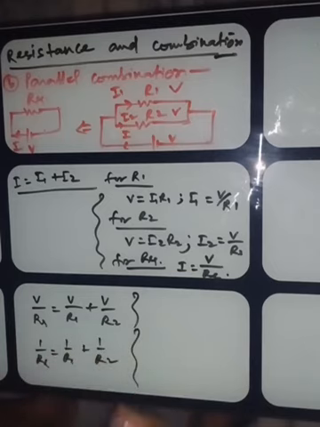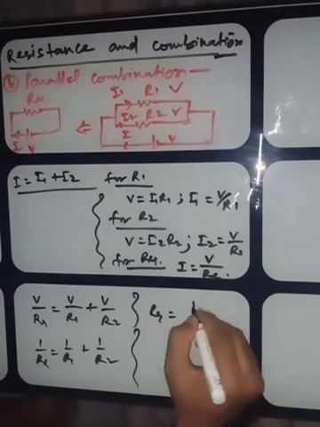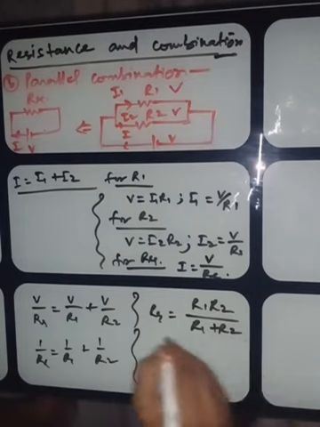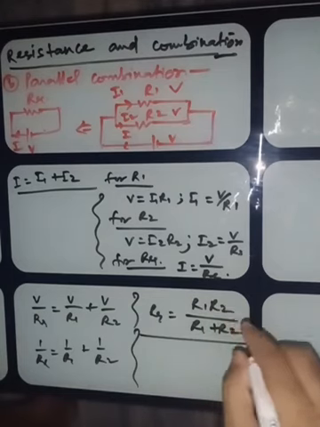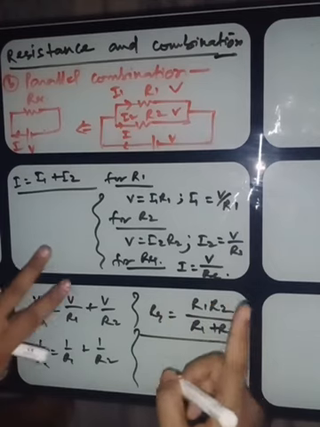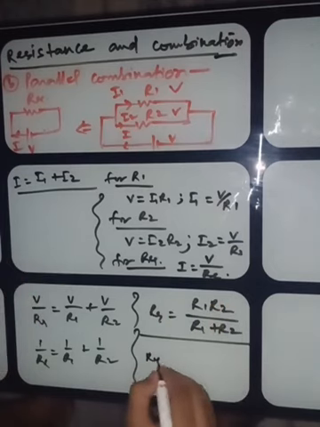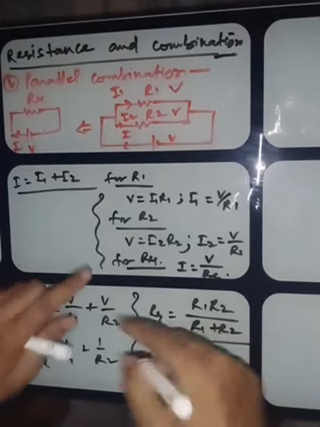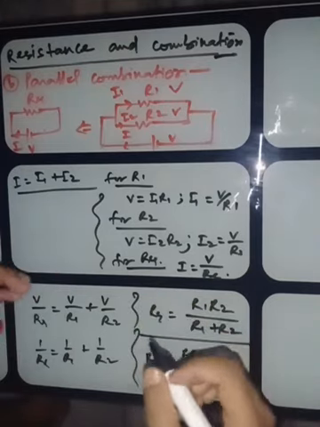That is, R equivalent will be R1 R2 divided by R1 plus R2. For n identical resistors connected in parallel, R equivalent will be R by n. And in series it was n times R, my dear student.